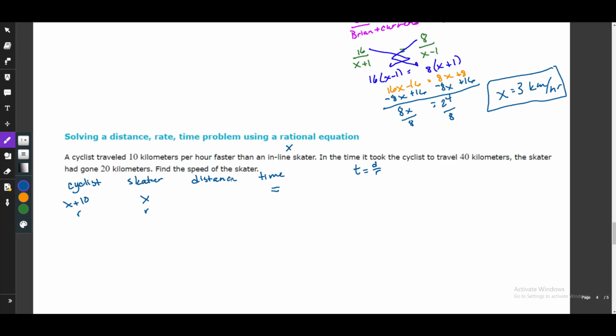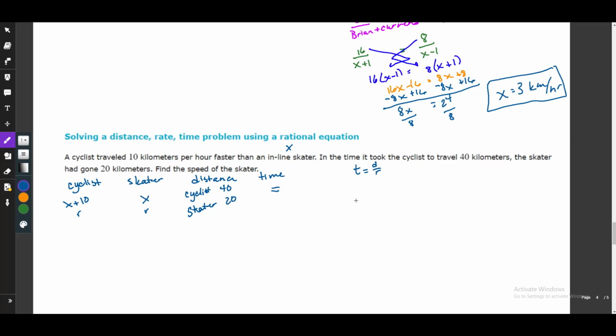My distance is, it took the cyclist to travel 40 kilometers. So my distance for the cyclist is 40. The skater goes 20. All right, and there's a whole bunch of different ways that you can organize all of your information. I like to get rid of the words as much as possible, but keep things in charts is what I'm looking at.